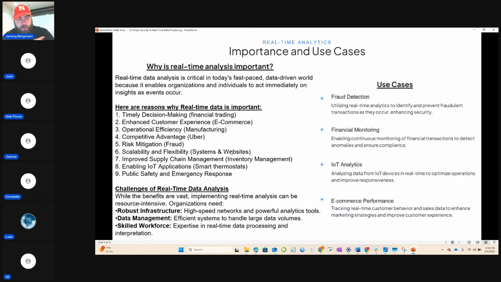Maybe you can make your systems and websites more scalable by processing data in a more effective manner. Enabling IoT applications, like smart thermostats, taking in information and adjusting your thermostat in real time.